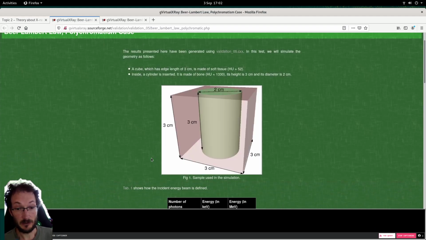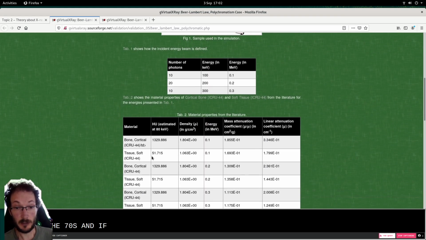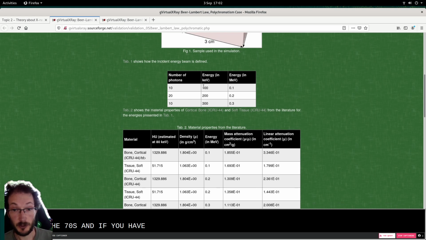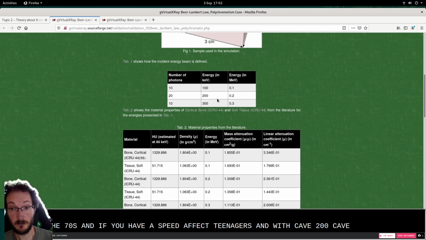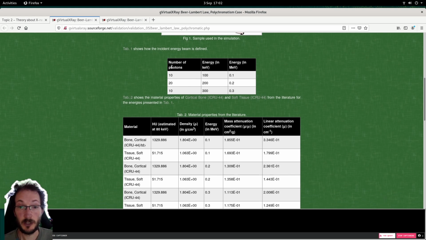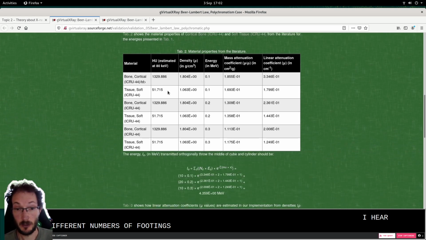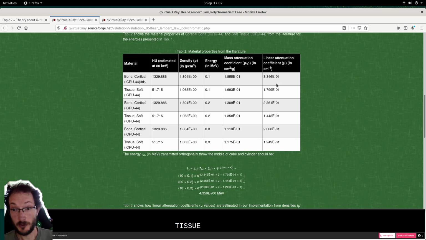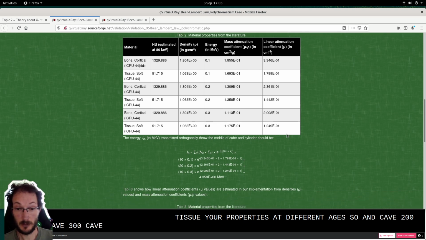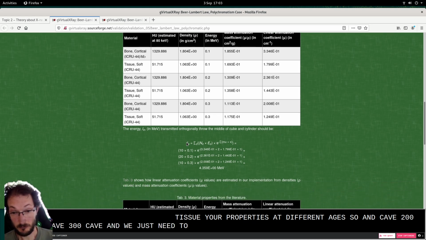Here is the same case, and if we have 3 different energies, 100 keV, 200 keV, 300 keV, here different numbers of photons, tissue material properties at different energies, we just need to solve that equation.